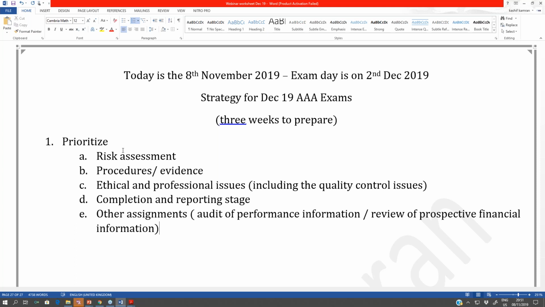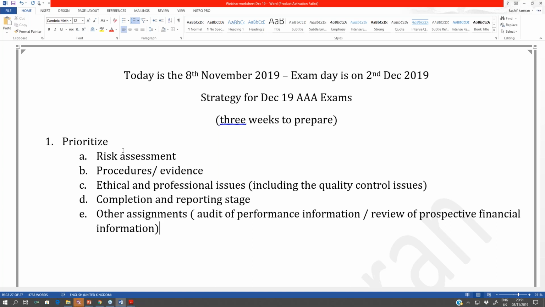So first, make a priority list, that what you should be prioritizing first, because this is an area which is a more regular feature of exams. Getting a question on risk is more regular. Getting a question on procedures is more regular. Evidence is more regular. Ethical and professional issues is more regular. A reporting question is more regular. Other assignments are more regular.